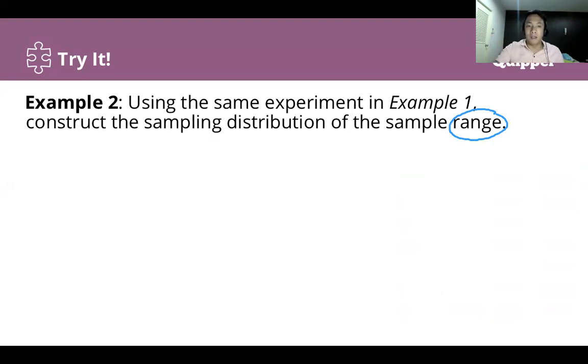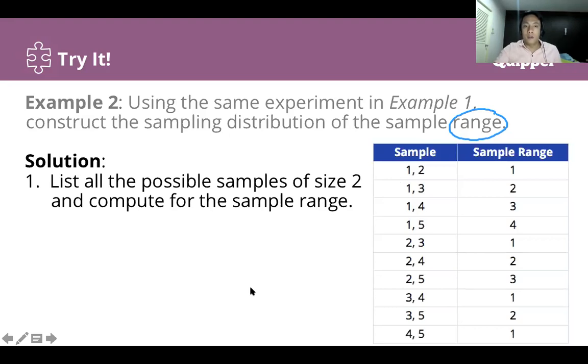So example is like this. List of all possible samples of size 2. We have samples 1, 2; 1, 3; 1, 4; 1, 5; 2, 3; 2, 4; 2, 5; 3, 4; 3, 5; and 4, 5. We have 10 samples.